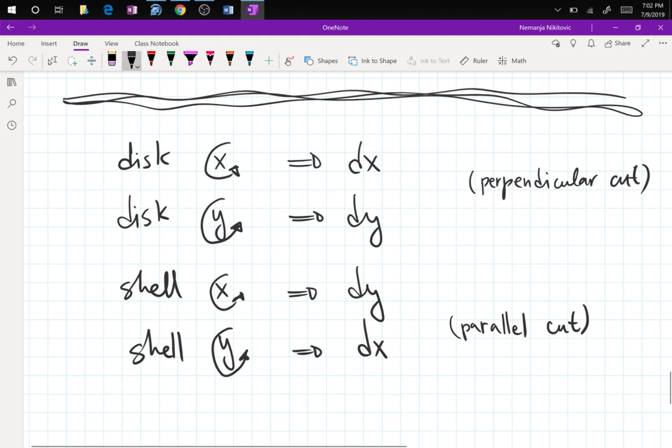The question is, maybe, I'm not even giving you a chance to ask that question, how do I know which method to use if it's not specified? The answer to that question is experience. That's why you have homework.